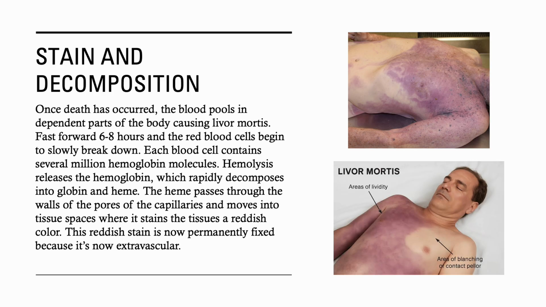The staining of tissues 6 to 8 hours after death progresses as the hemolysis releases the hemoglobin, causing rapid decomposition, and at the same time as other forms of decomposition take place, such as dehydration, color changes, and gas formation in the body tissues. The heme passes through the walls of the pores of the capillaries and moves into tissue space, where it stains the tissues, again a reddish and/or purplish reddish color.